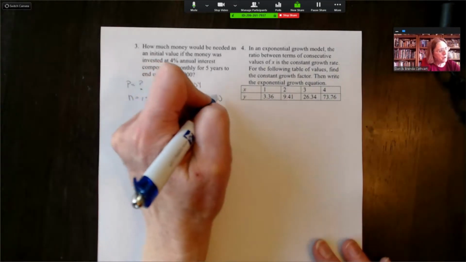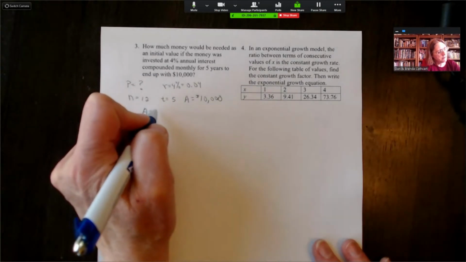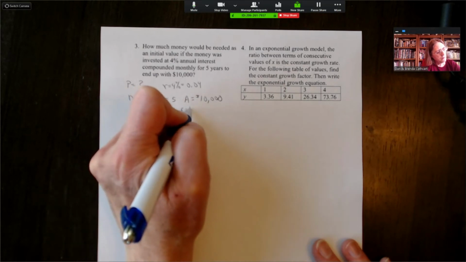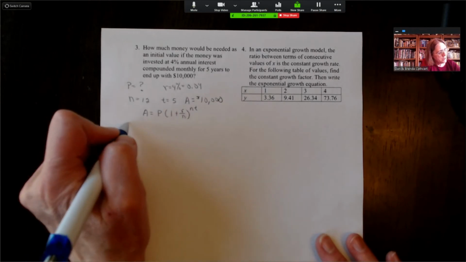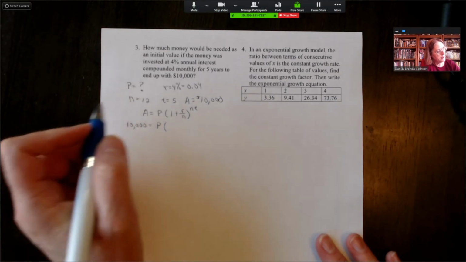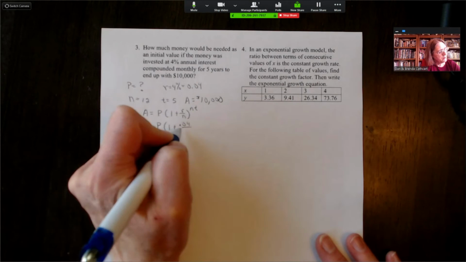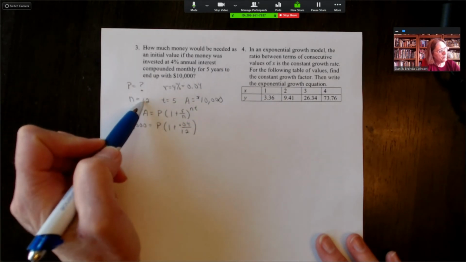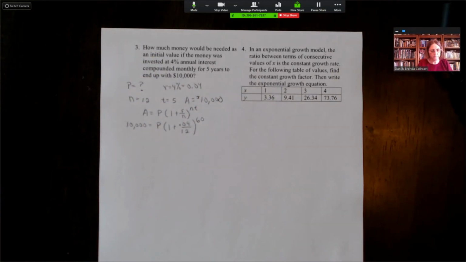So let's plug those numbers into our compound interest rate formula, which again is A equals P times the quantity 1 plus R divided by N raised to the power of N times T. This time we know A is 10,000. We're looking for P. Our quantity is 1 plus 0.04 divided by 12. And we're going for 12 times 5, or 60th power.